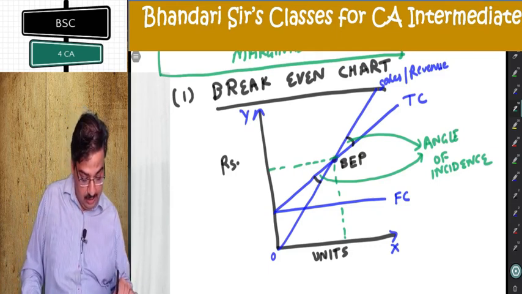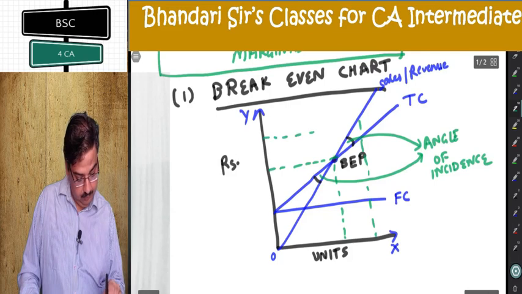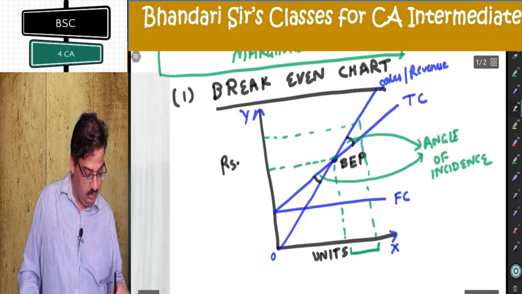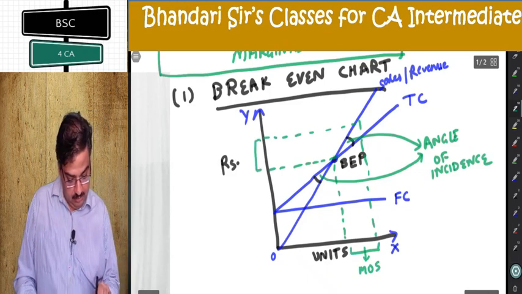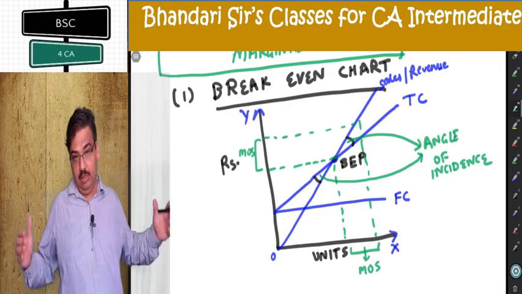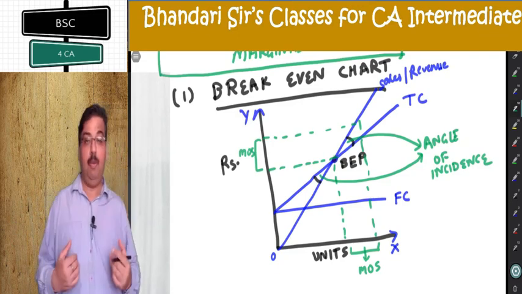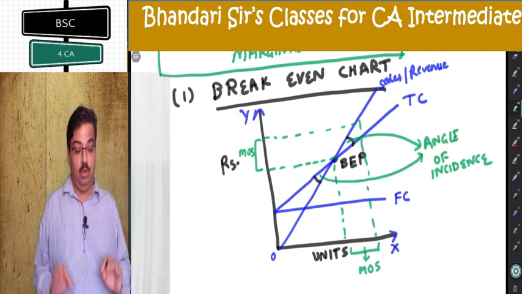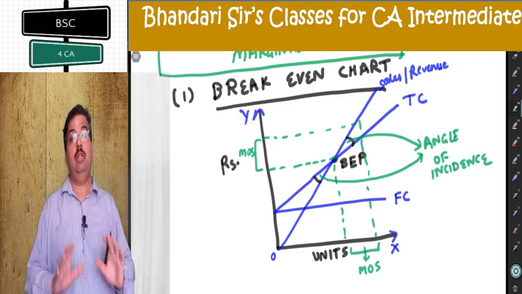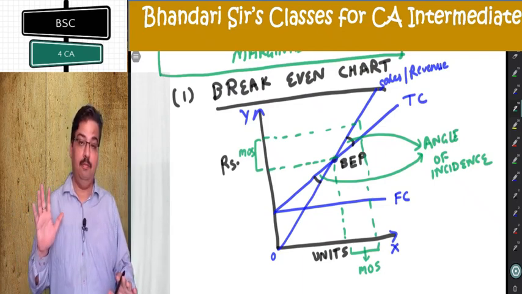If my actual sale, let us say, is at this level, then this is margin of safety in units and this is margin of safety in rupees. So on the x-axis everything is in units, on the y-axis everything is in rupees. This type of chart can be prepared for each product to show your break-evens. It is known as the break-even chart, the first type of chart and graph.